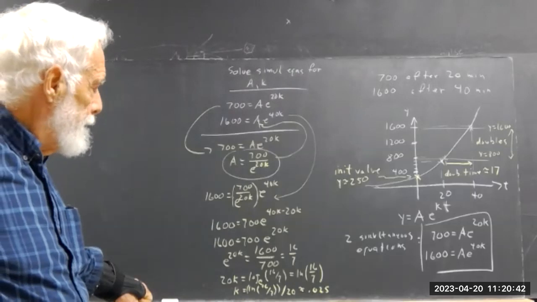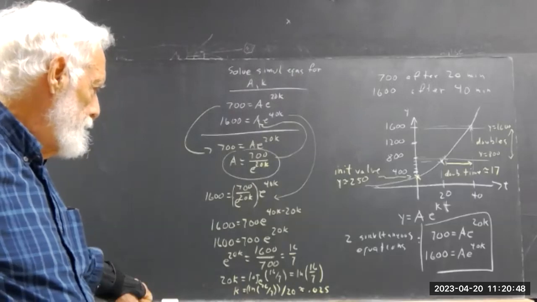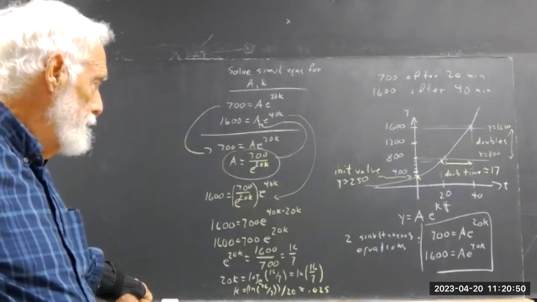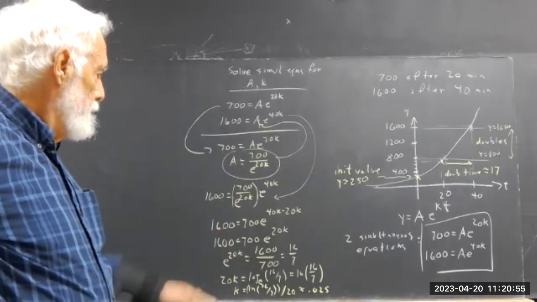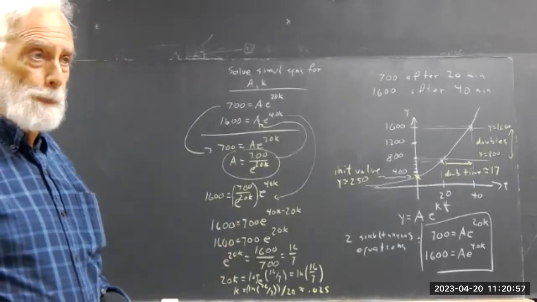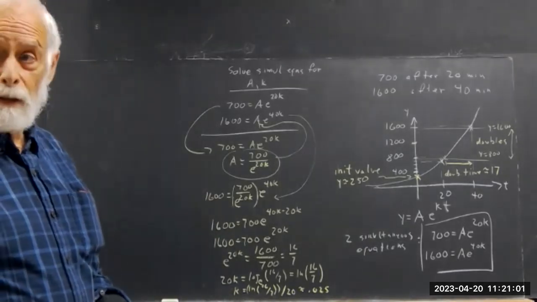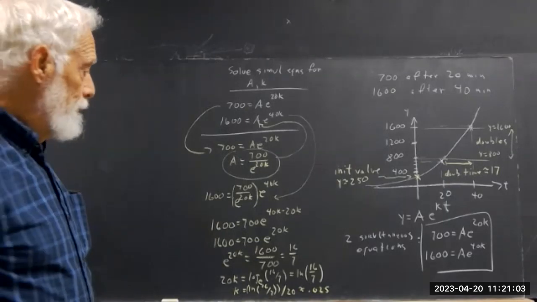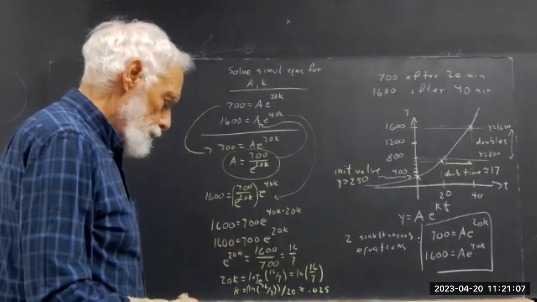Well, yeah. Doubling time is clearly less than 20. So something's wrong somewhere in the stuff that I did in my head, but your calculator is going to be more accurate than my head. Okay. So this is not a very good estimate.